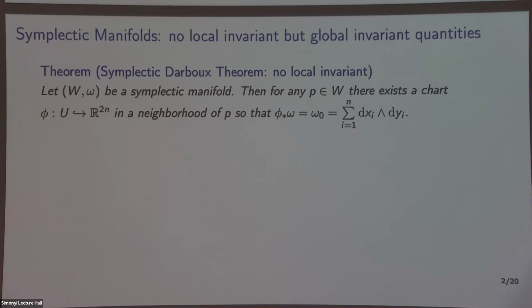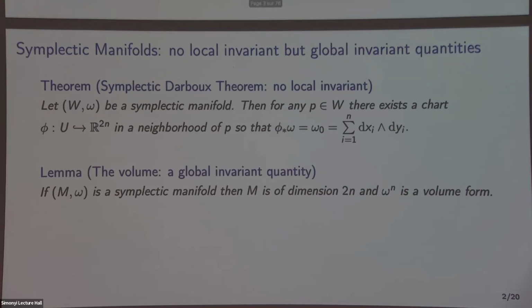And so the natural question is, can we deduce from a symplectic form interesting, not local invariant quantities, but at least global invariant quantities? There is a trivial global invariant quantity that you can deduce once you have a symplectic form, which is a volume form. You have a symplectic form omega, you put it to the power n, so omega wedge omega n times.